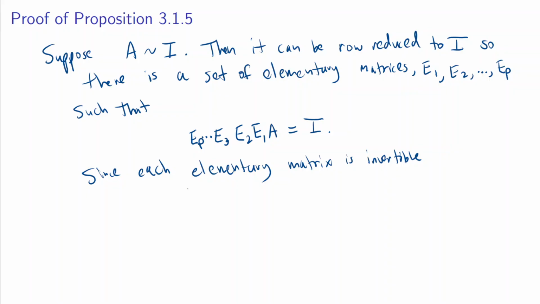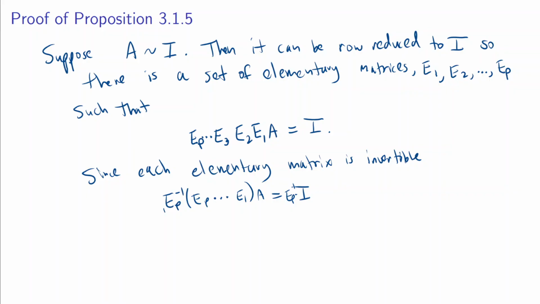So we can take EP, this whole product, down to E1 times A, which we know equals I, and multiply first by EP inverse on the left.